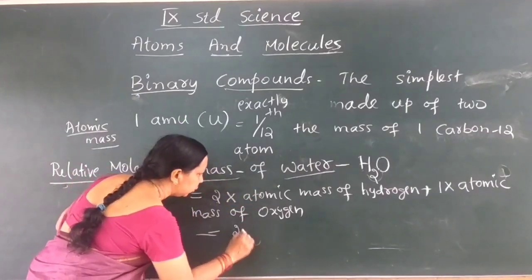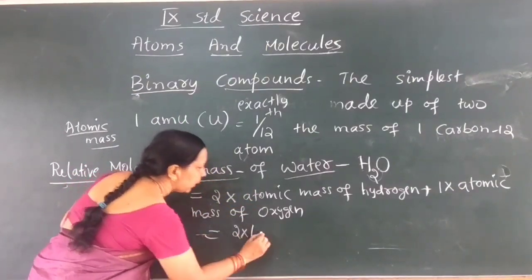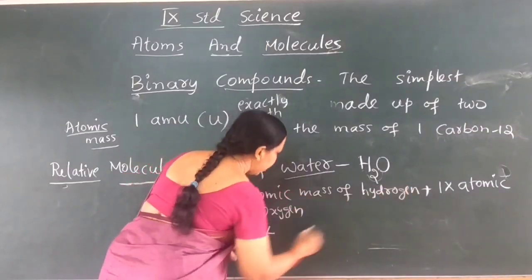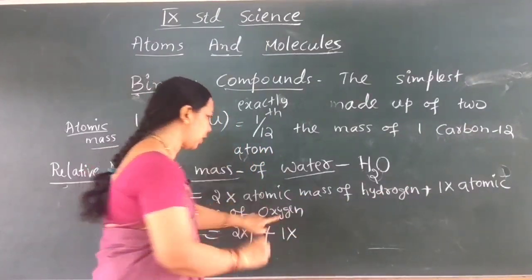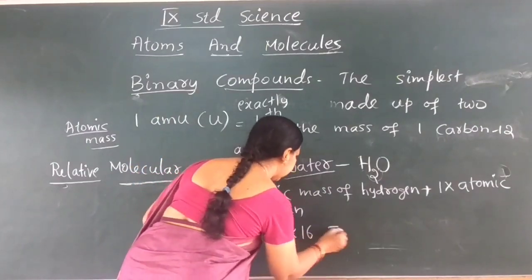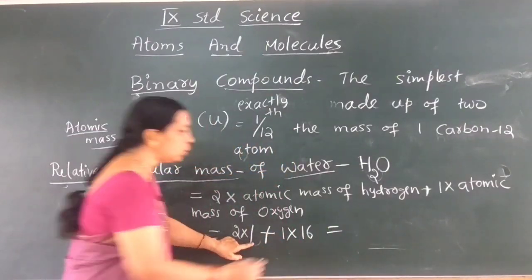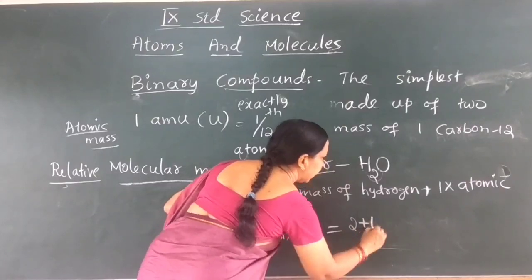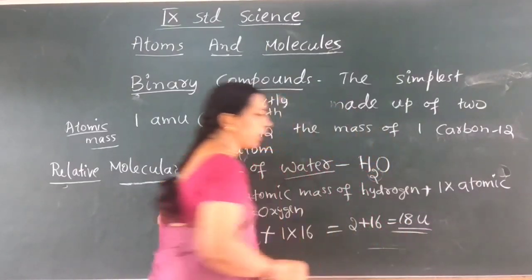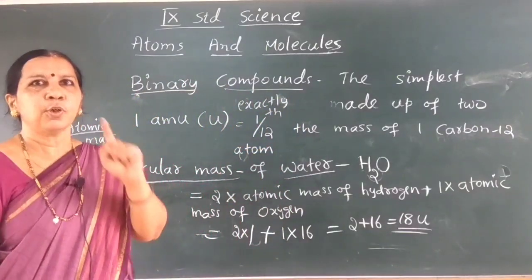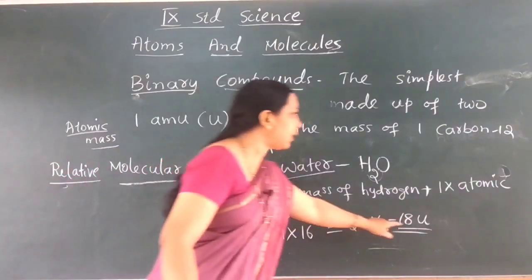So 2 into 1 plus 1 into 16, that is equal to 2 plus 16, which is 18 u. So the molecular mass of water is 18 u.